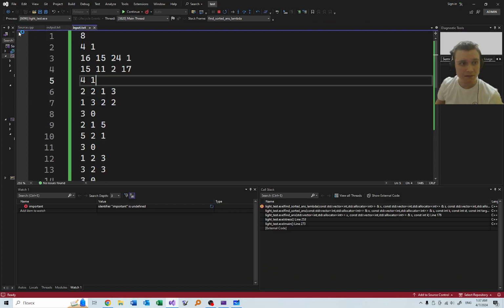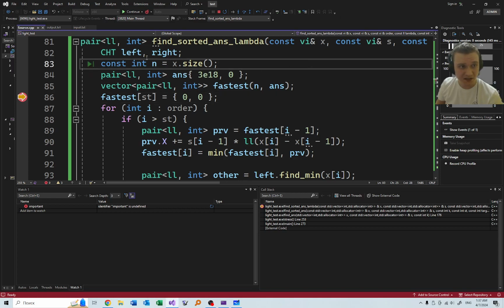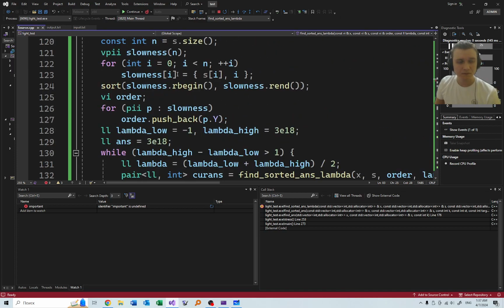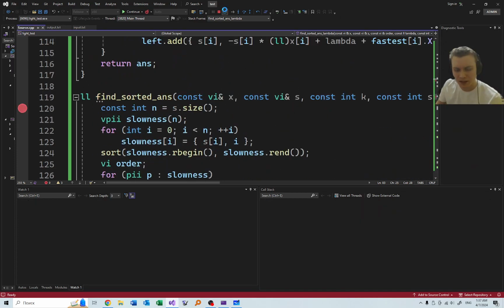Okay, in this small example, we have only x equals minus 18. Well, this is definitely not good. Okay, what happened?